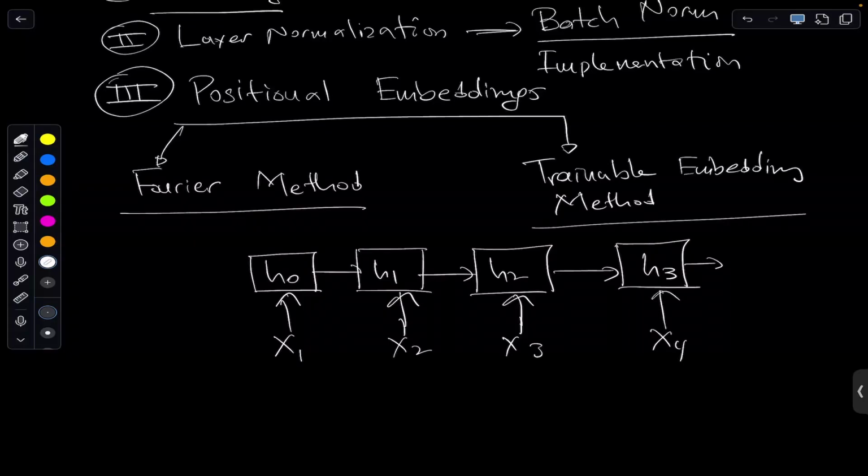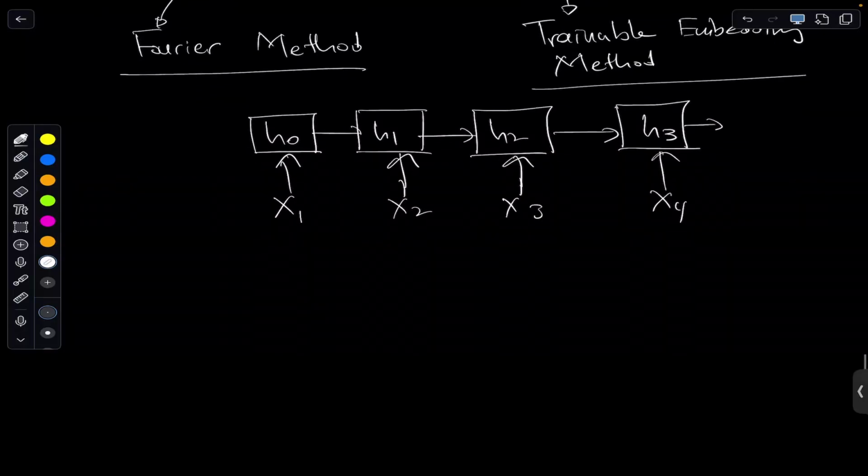Okay, so with that said, the first method I want to cover is this, and this equation is to some degree similar between the two methods. So we have, let me call this x tilde i, the input embedding into the transformer after the positional embedding is incorporated.